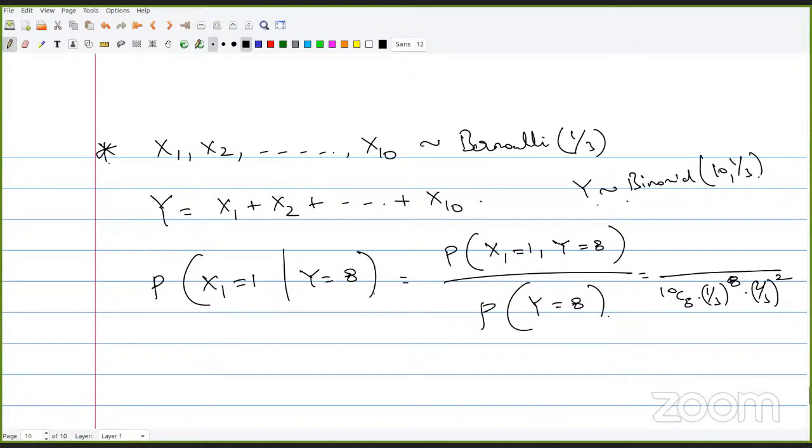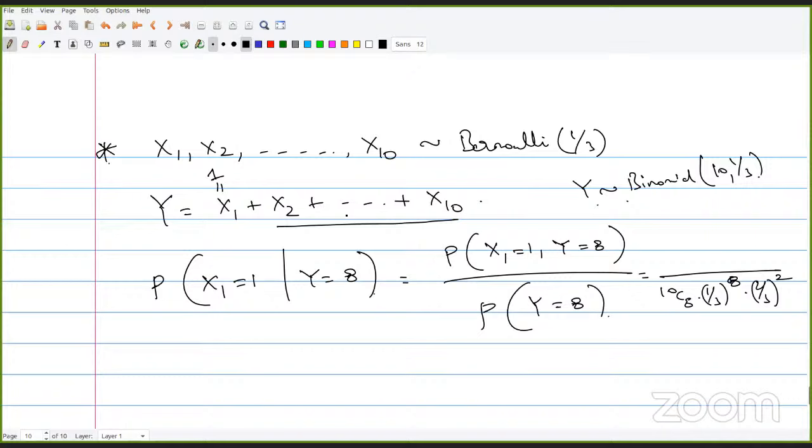Yes, sir. This I understood. The numerator part is where I'm facing difficulties. The numerator is like the joint PMF between X1 and Y. I need Y taking 8 and at the same time X1 taking 1. So X1 is taking 1, and out of the other 9 values, I need to have 7 ones.